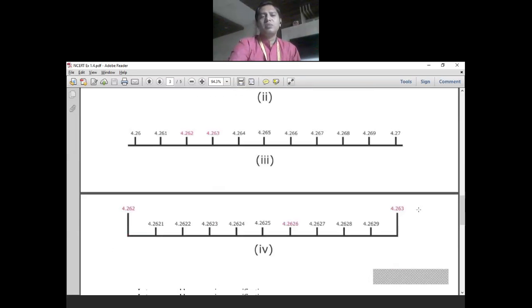When we magnify 4.2620 and 4.2630, we'll have 4.2621, 4.2622, 4.2623, 4.2624, 4.2625, 4.2626, 4.2627, 4.2628, 4.2629 and 4.2630. So here we have 4.2626, which was the required number to be represented on number line. This particular point will represent 4.2626 up to 4 decimal places on number line.